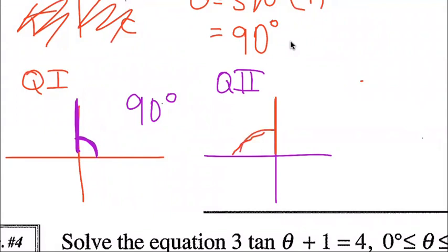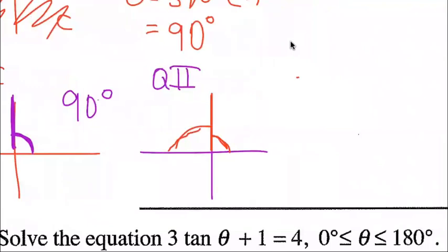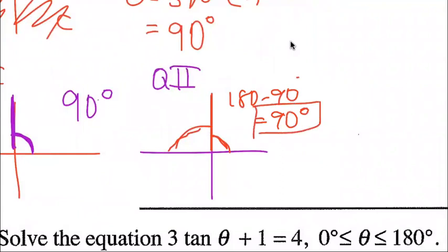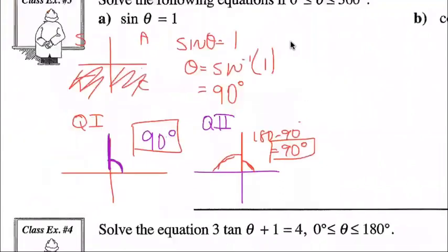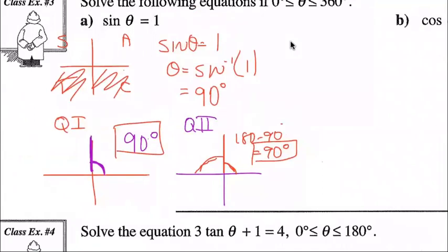What's that rotation? 180 minus 90, which is equal to 90 degrees. So both answers are exactly the same, and I would only really need to state that once. So 90 degrees would be the final answer right here. Okay. It's a weird one that falls on one of the axes. Those are very tricky.